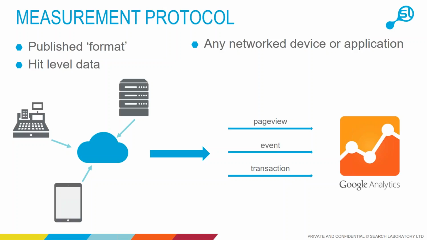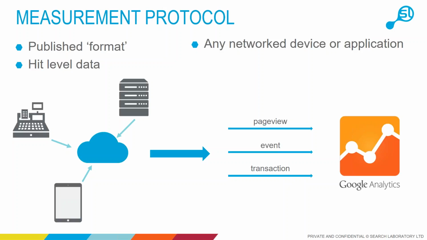It then pushes that to Google Analytics servers in a format that uses the measurement protocol. Google have been kind enough to publish that format, so we as businesses can implement hit tracking from other applications. The thing to point out here is that any networked device or application can process information and send it to Google Analytics using the measurement protocol.